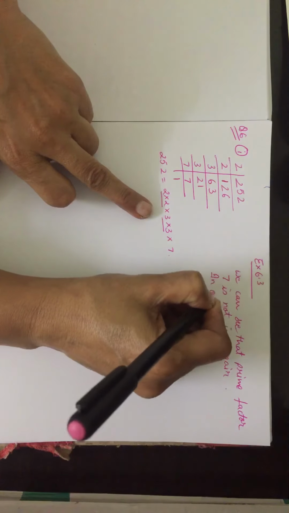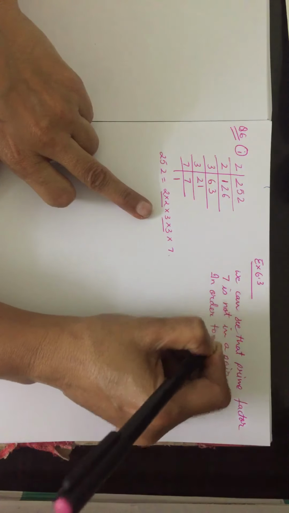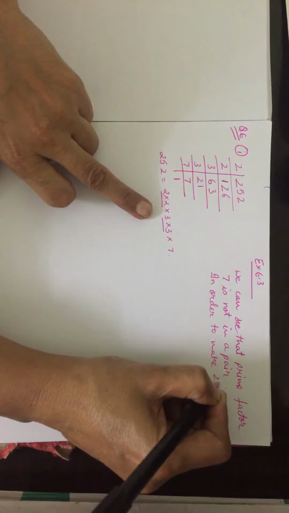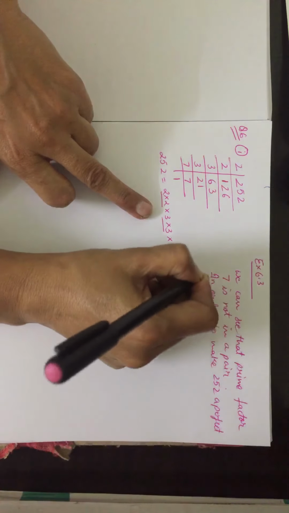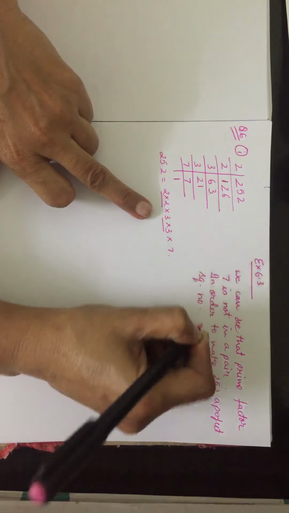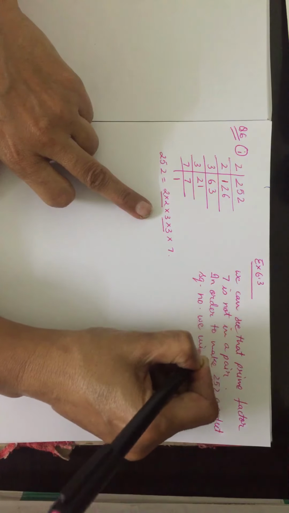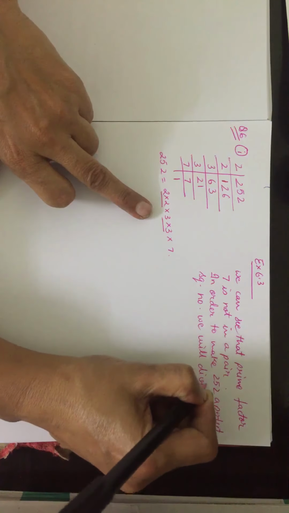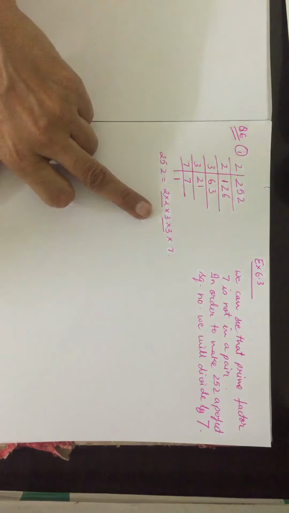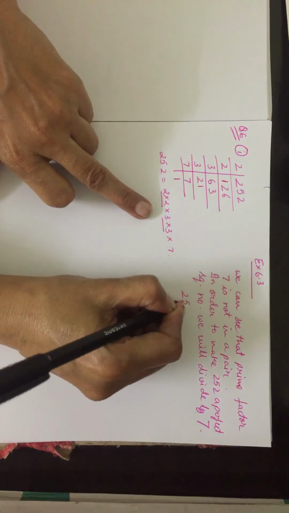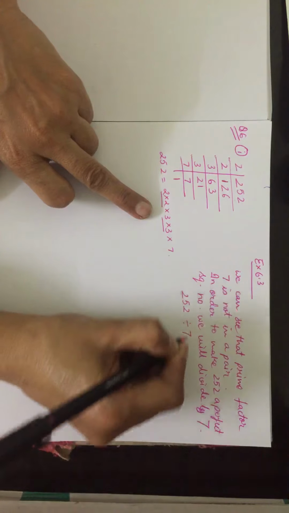So in order to make 252 a perfect square number, we will divide it by 7. Is that clear? So 252 divided by 7.